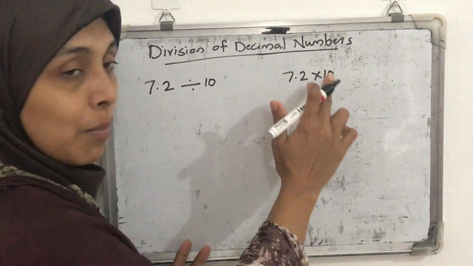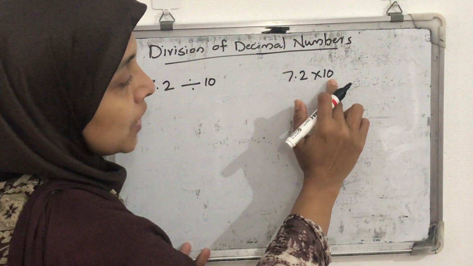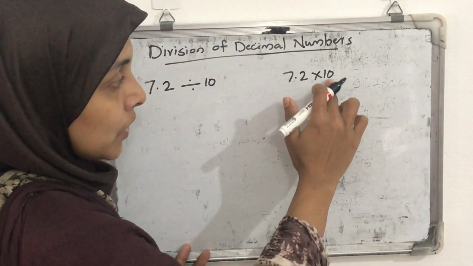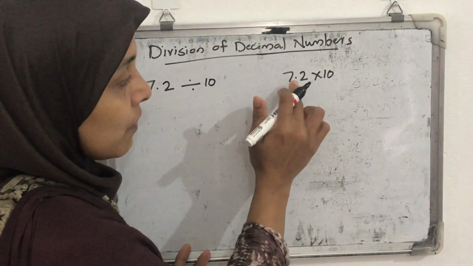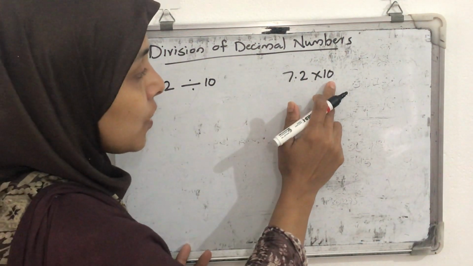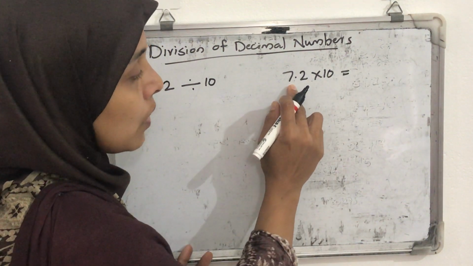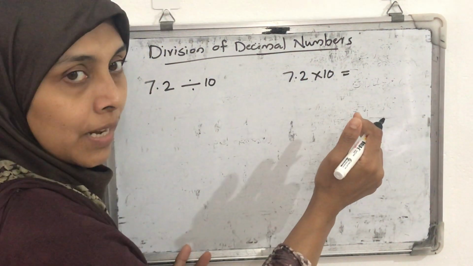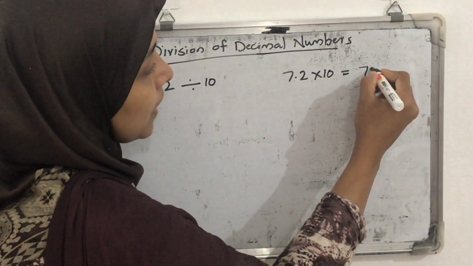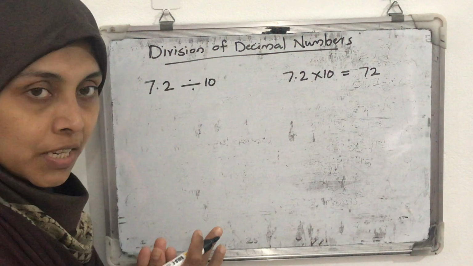First we count the number of zeros in the multiplier. So how many zeros here? 1 zero. So that many places we move the decimal point. Here we shift this decimal point one place to the right side. So what was the answer that time? 72.